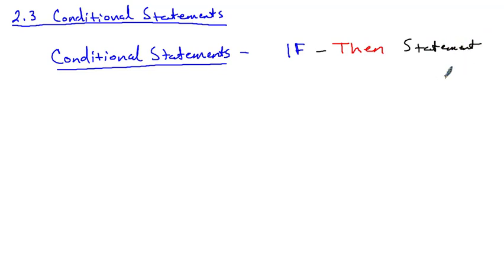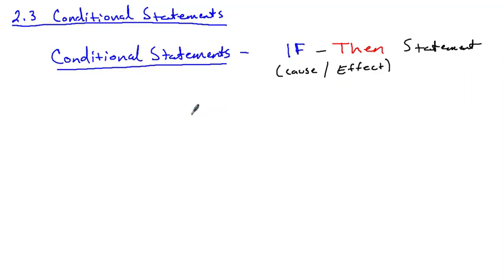Okay, it's an if and then statement, which is a cause-effect statement. If you do something, something's going to happen. If something happens, something else is going to happen because of that.